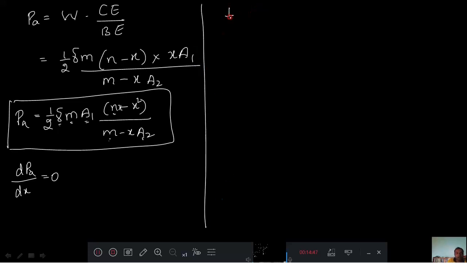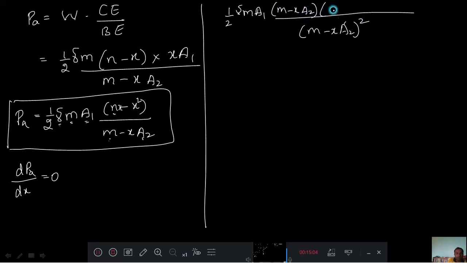Then half gamma M A1 is constant, and the differentiation gives the denominator squared, (M minus x A2) whole squared. The denominator as it is, (M minus x A2), into the differentiation of numerator, N minus 2x, minus the numerator as it is, Nx minus x square, into the differentiation of denominator, which is M minus M gone, then minus A2, equal to 0.